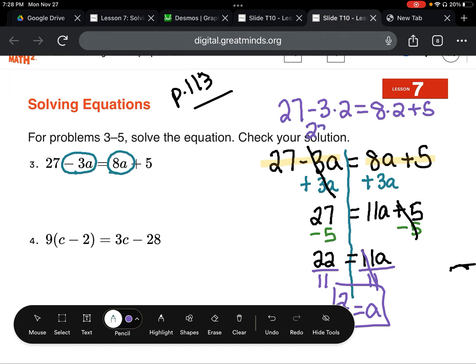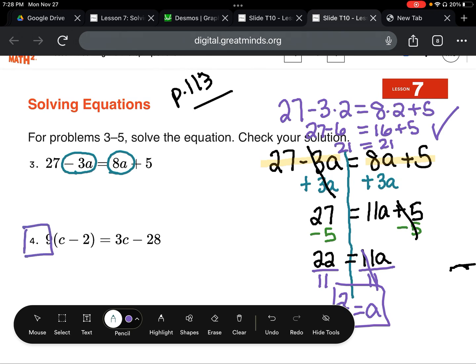Well, over here, 27 minus 6 is 21. 16 plus 5 is also 21. So yes, we've checked our work and the solution is a equals 2.